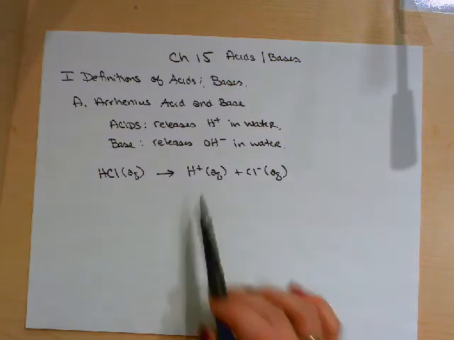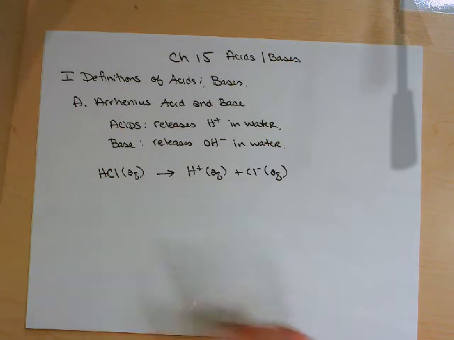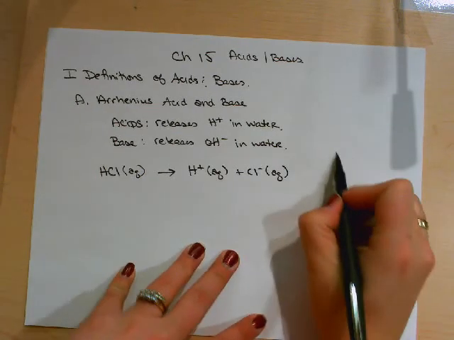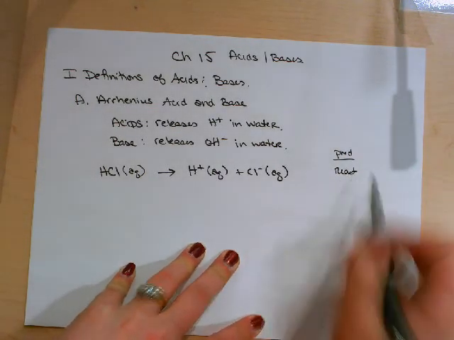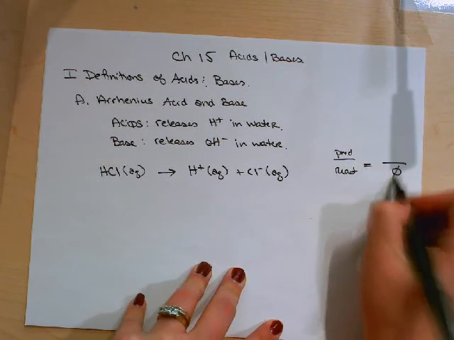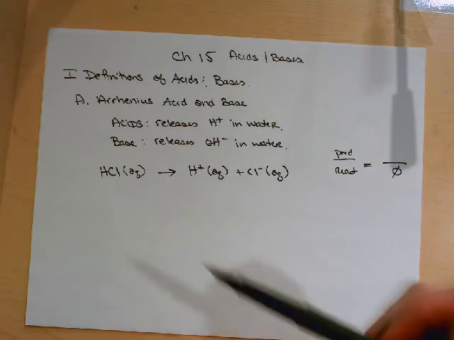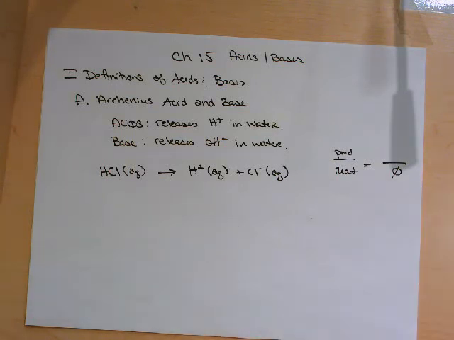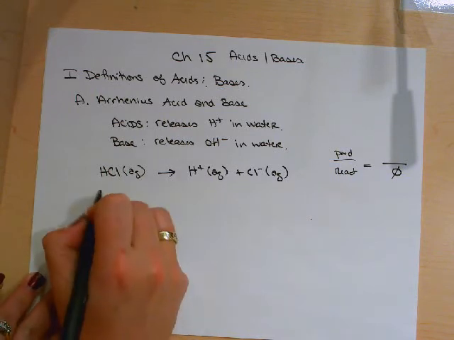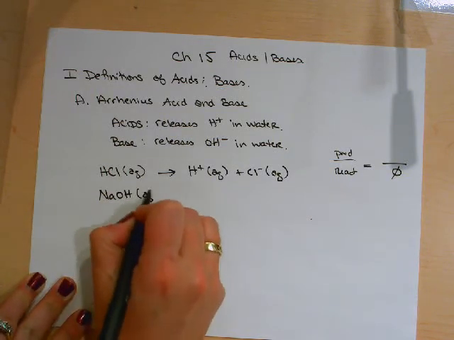Because K is a measure of making products over making reactants, and if there's zero chance of making reactants, what would the denominator be then? Right, because it's product over reactants. If there's zero chance of making that, what's a fraction divided by 0? The black hole. Your calculator freaks out. Nobody can handle it. It's considered infinite, gigantic. So it has a one-direction arrow because it cannot go back to products. That'll be important later. We'll bring it up again.